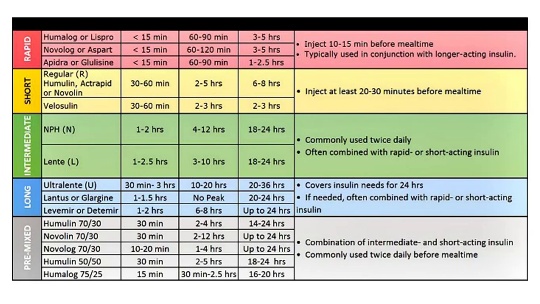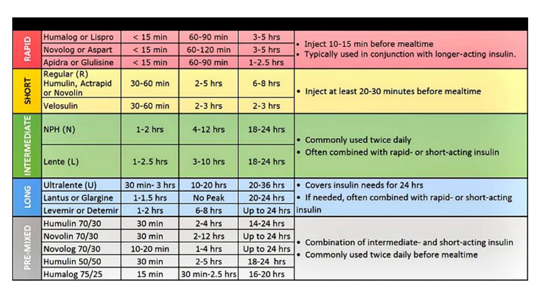Short acting is like regular insulin or Novolin, the common ones. These can be given a little bit longer, 20 minutes before mealtime. Intermediate, most common is NPH. Generally, it's used twice a day, so they'll get it with breakfast and supper. A lot of times they're going to be given a rapid acting or short acting insulin as well as NPH or Lente. Long acting, Levemir and Lantus are probably the two most common.